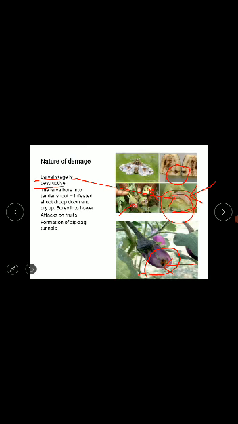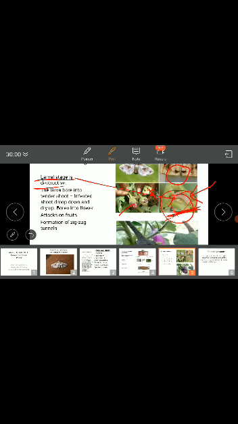On the body of that larva the wasp lays its eggs and makes the larva of the brinjal fruit borer parasitized. Okay, so this is about the biological control.